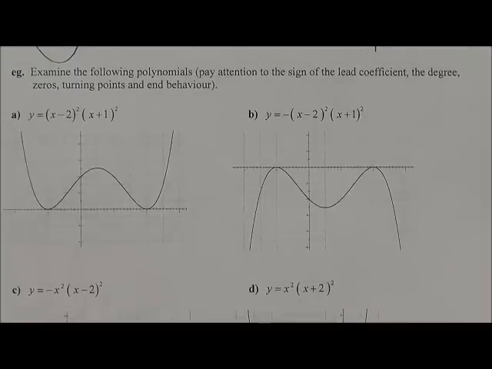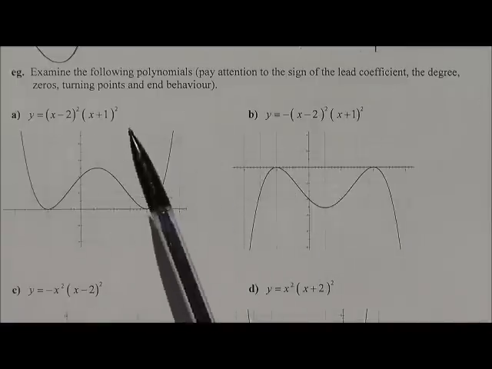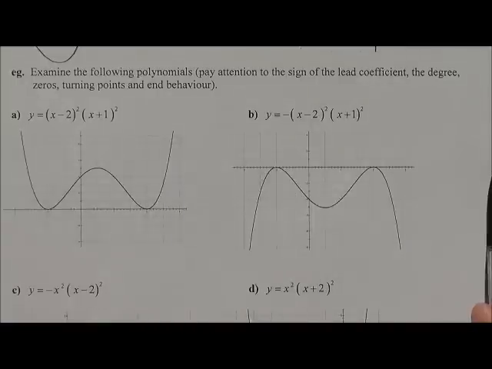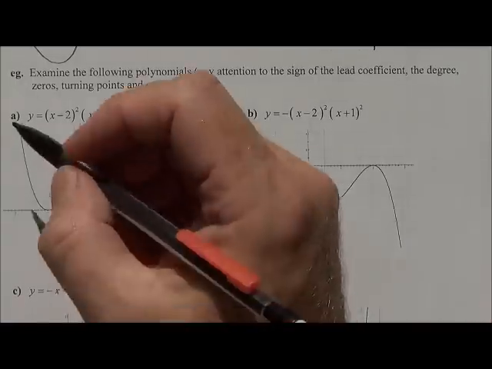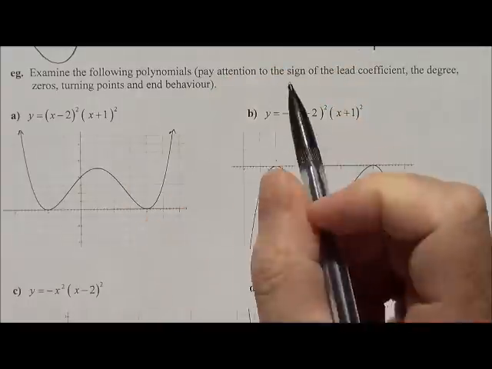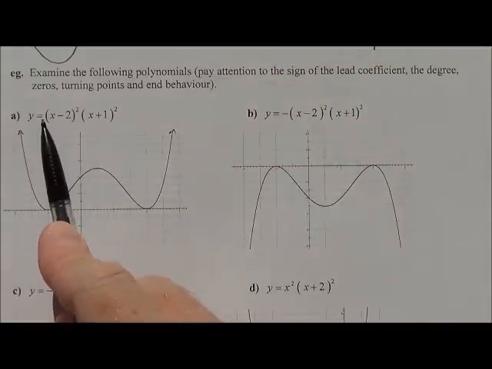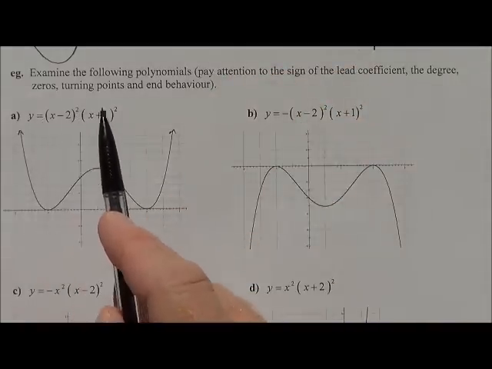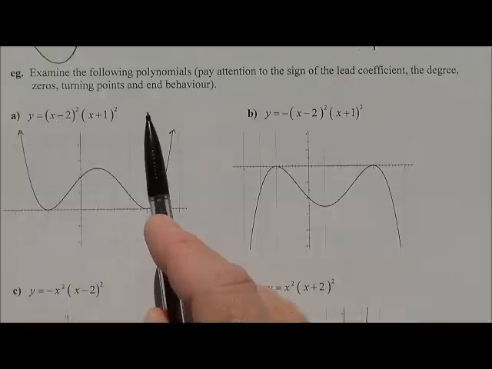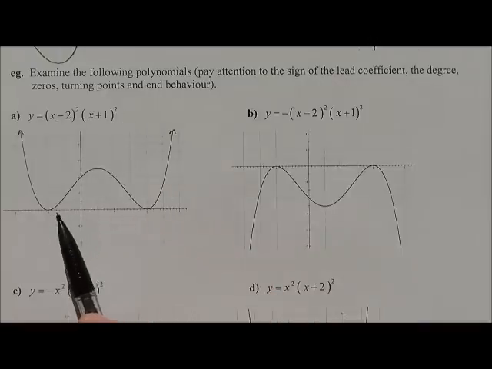Okay, now we'll continue with other types of quartics here. Again, take a look at the same sort of characteristics as always. Lead coefficient is positive. Here's degree 2, here's another degree 2, so that would be a degree 4 when you multiply them all out.